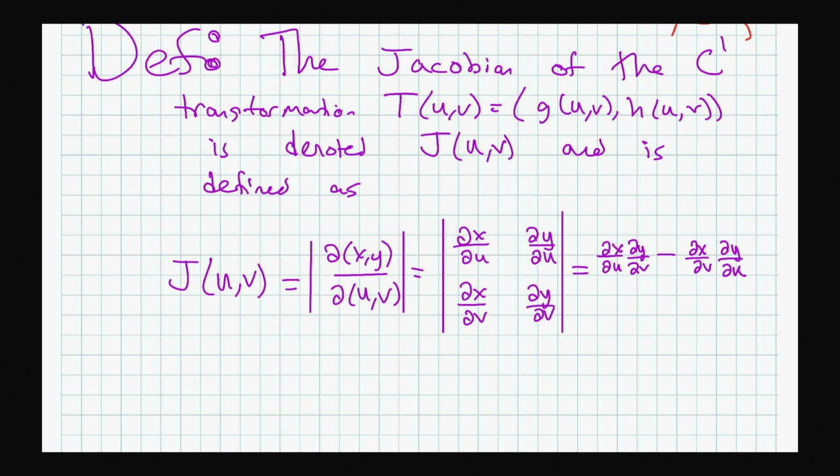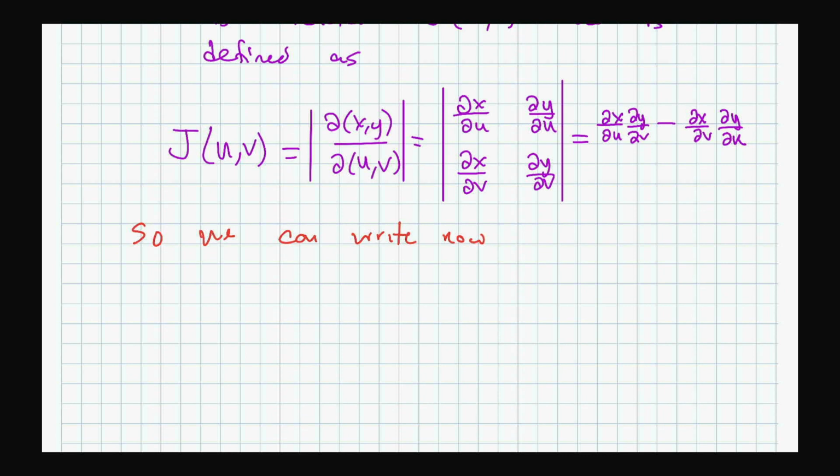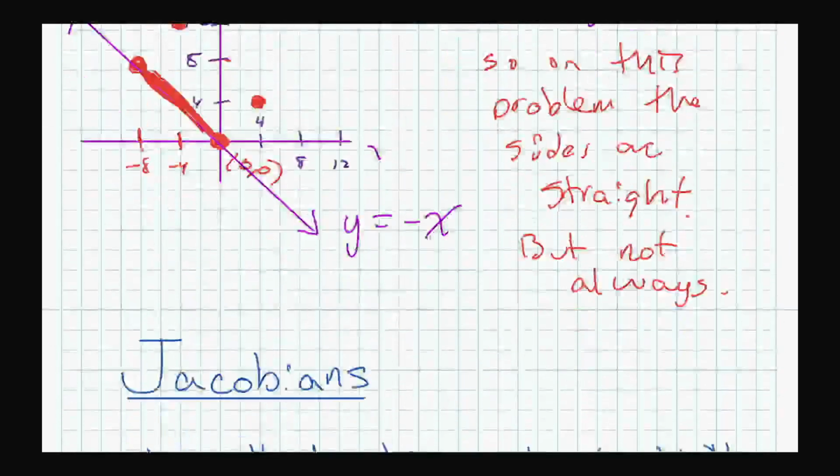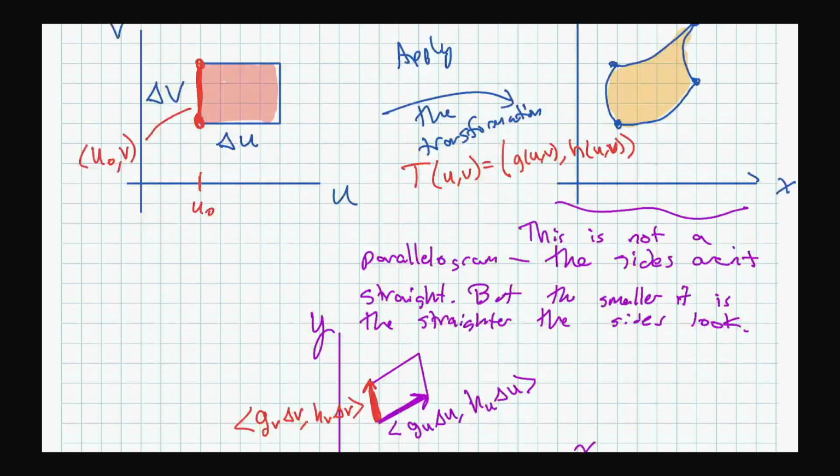Now, why do we care? The reason we care is because of this. We can write now that on that parallelogram, delta A was approximately equal to, I say approximately equal to because remember, way back here, the actual thing is not a parallelogram. It's got curved sides, theoretically.